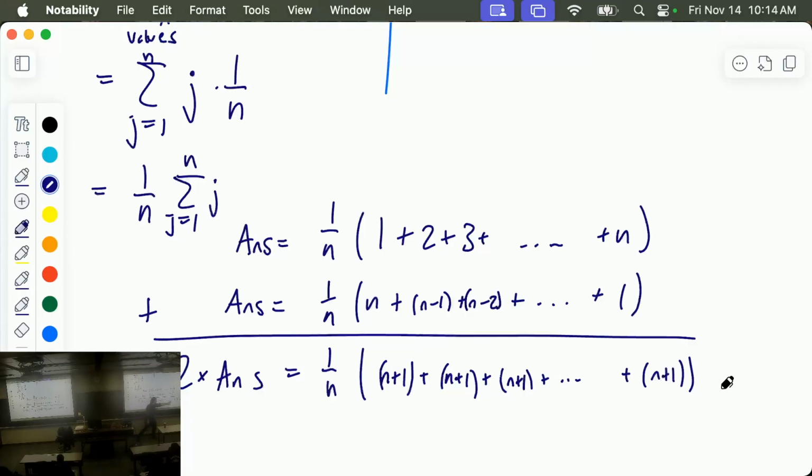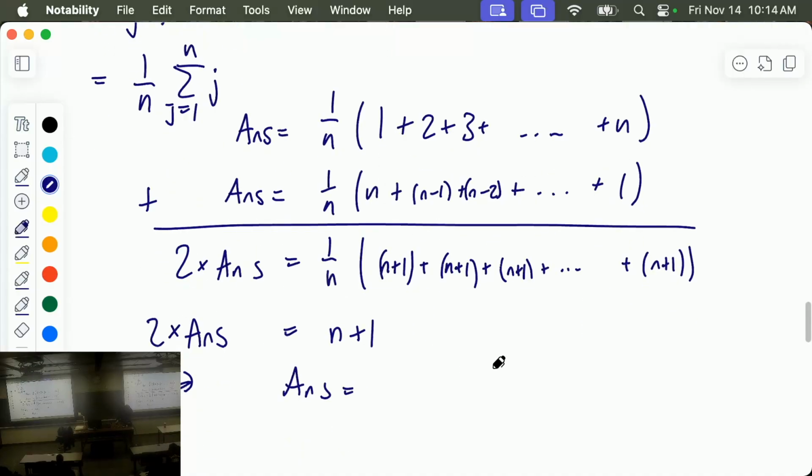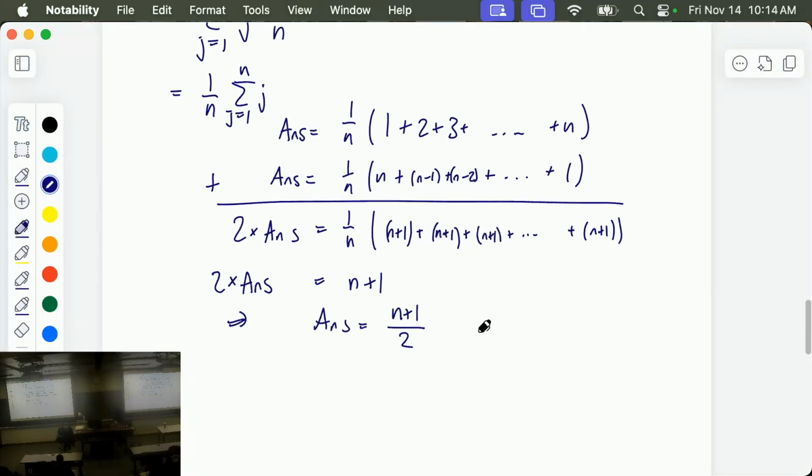So adding up the same number n times and multiplying by 1 over n, these cancel out. So the sum is just n plus 1. But of course, we're not done. 2 times the answer is n plus 1, and therefore the answer is n plus 1 divided by 2. So there you go. That's the answer.